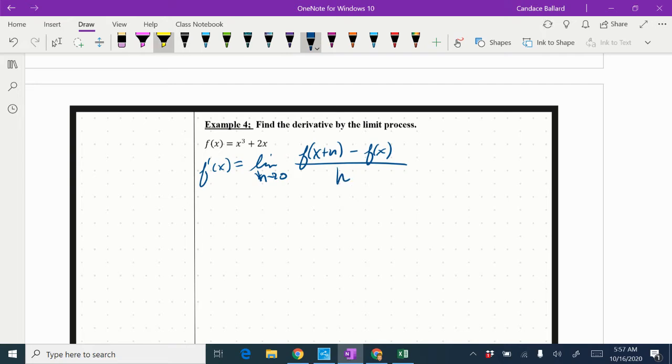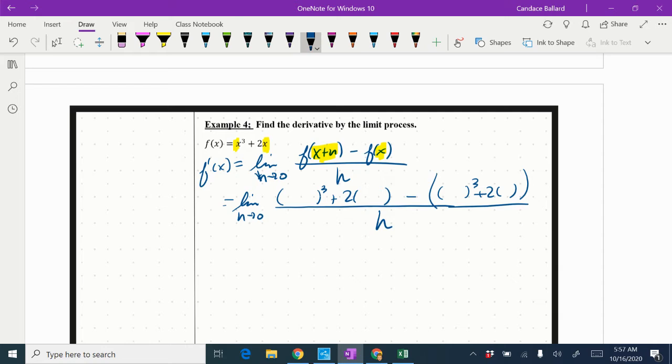So I know that this means we're going to plug in x plus h and x anytime I see an x in this function. So I have the limit as h approaches 0 of, I'm going to have something cubed plus 2 times something, minus parentheses something cubed plus 2 times something. So I'm just setting up the skeleton of my problem.